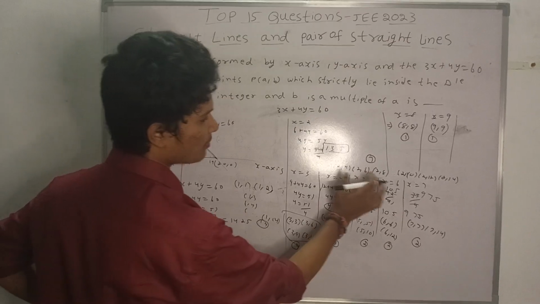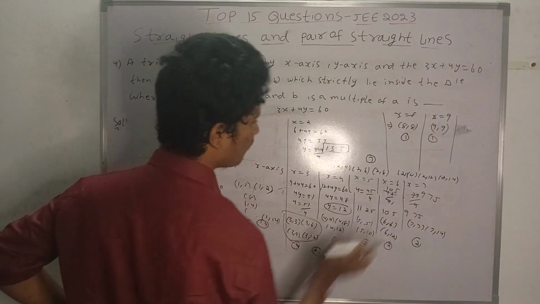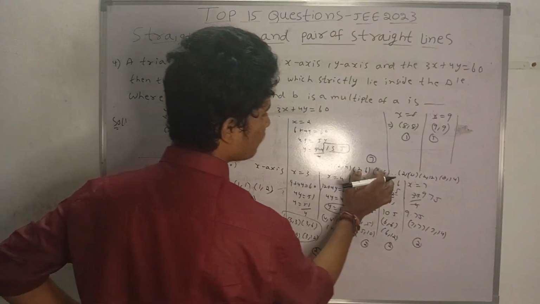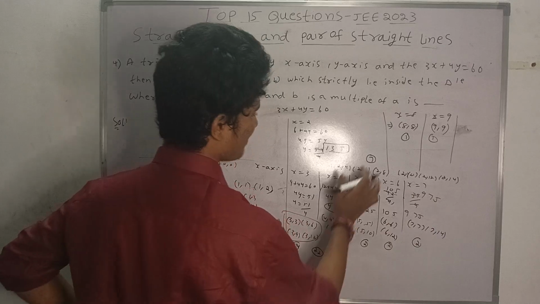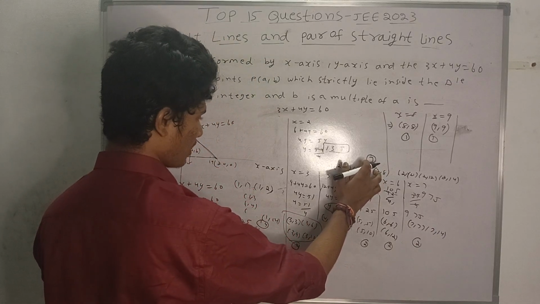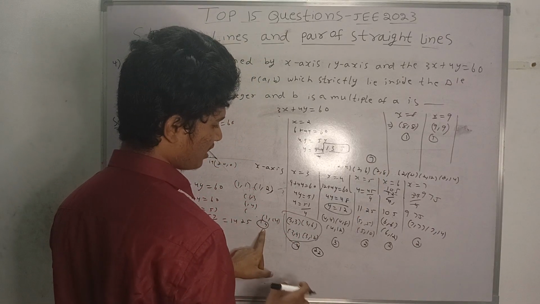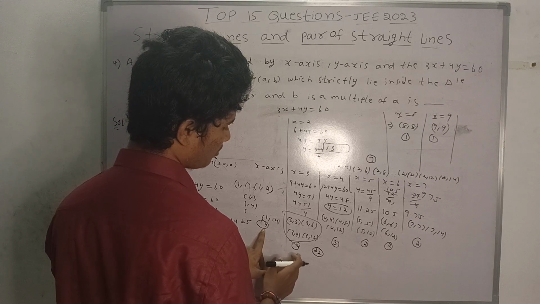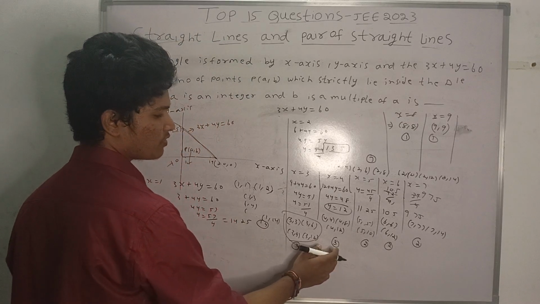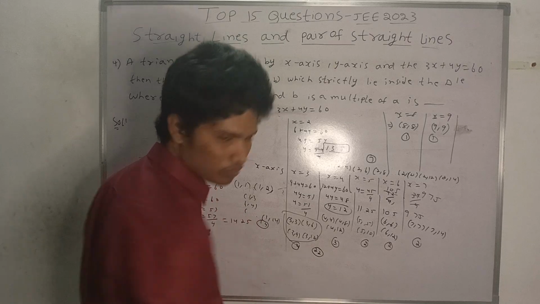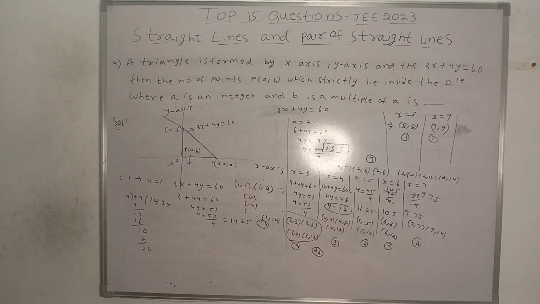2 comma 2, 2 comma 4, 2 comma 6, 2 comma 8, 2 comma 10, 2 comma 12, 2 comma 14. 1, 2, 3, 4, 5, 6, 7 points, and here it is 14 points, that is 21. Then 25, 26, 27, 28, 29, 30, 31, 32, but it should not exceed 31.